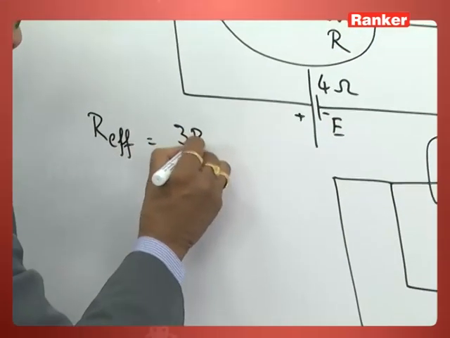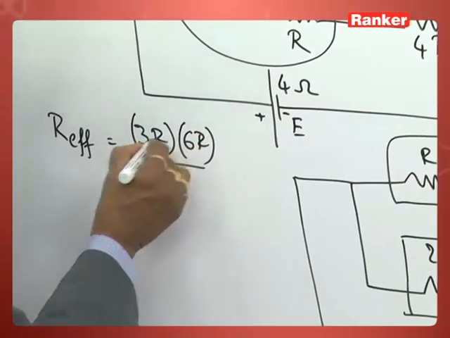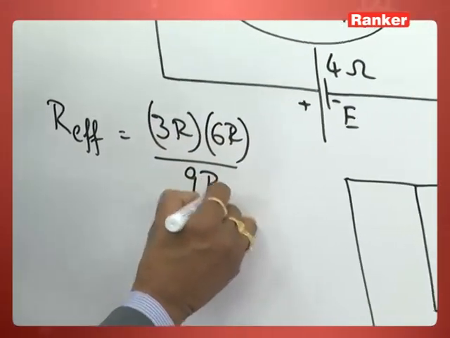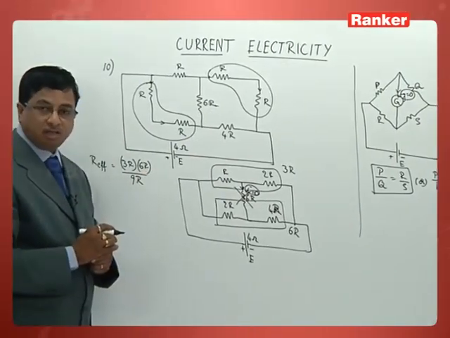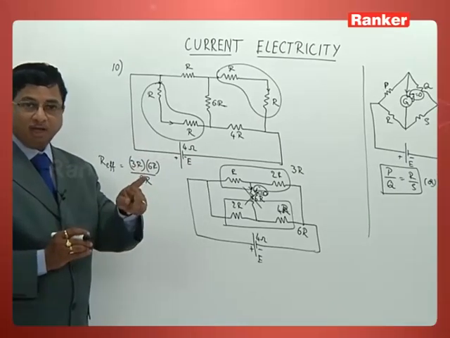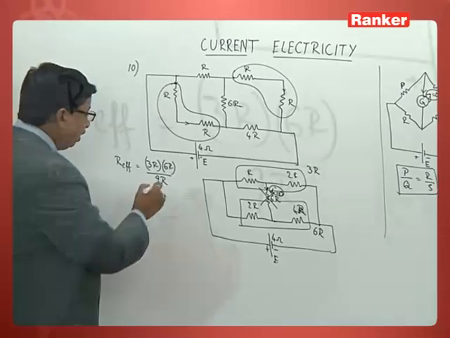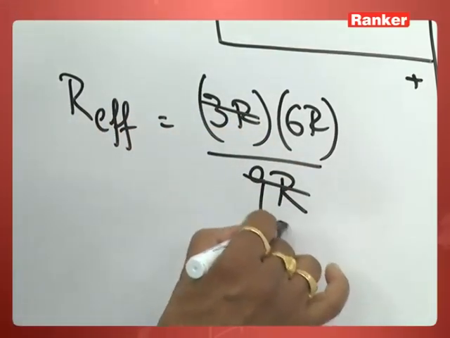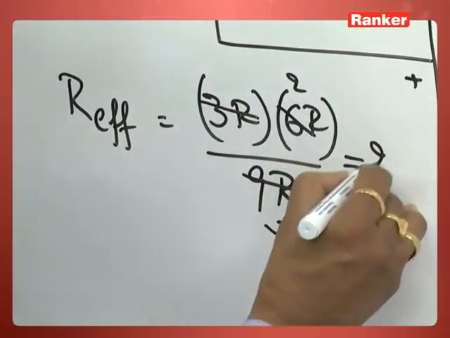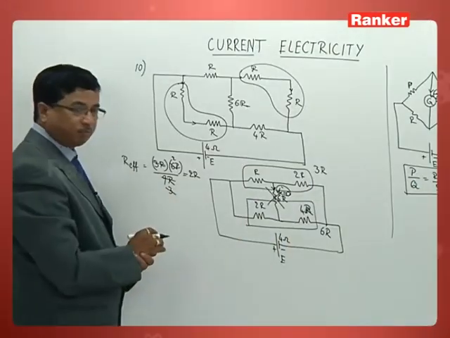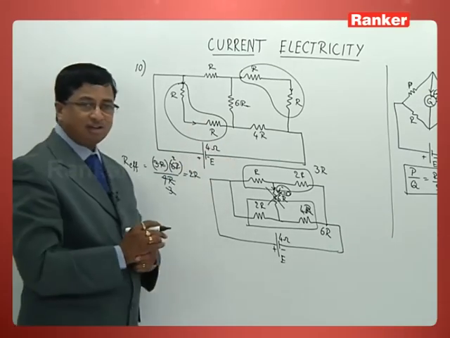It is 3R into 6R by 3R plus 6R, that is 9R. Based on which formula are we taking this? R1 R2 by R1 plus R2. That is the concept. Now 3R cancels thrice, this cancels twice. So what is the effective resistance? 2R. But his question is not that.